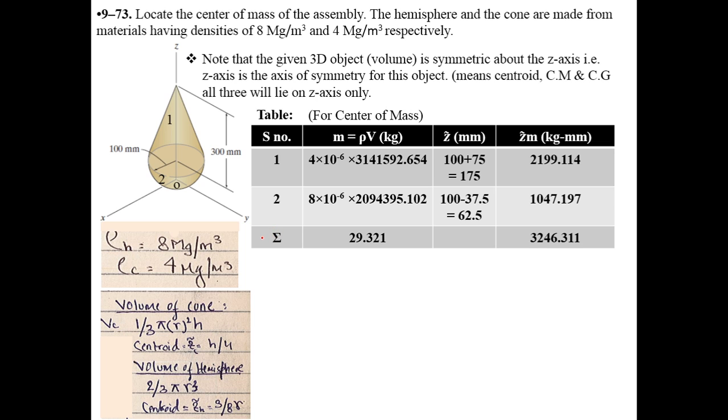And then the last row is about the sum. So you have to find the sum of all these masses, because the formula was actually this.